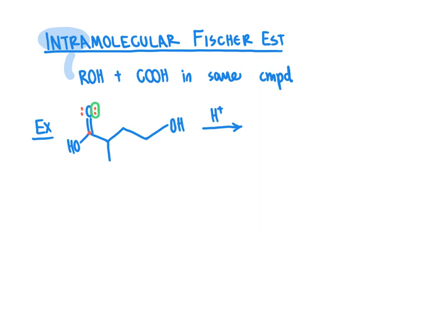So we take the lone pair electrons from the carbonyl group, bring that over to grab the proton from whatever acid we are using, and write out the result of this protonation step here. So we're doing protonation as the first step of the mechanism, just like we did in the intermolecular reaction, except we're doing this intramolecularly, all within the same molecule here.